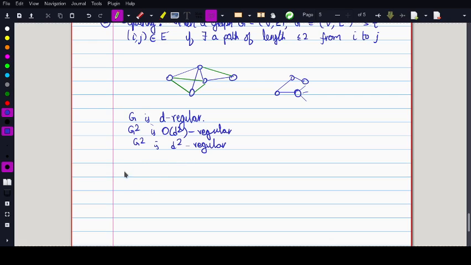But one very good thing to note is lambda 2 of G square. What can we say about lambda 2 of G square? In fact, you can show that it is equal to the square of lambda 2 of G. Since lambda 2 was less than 1, this thing is very small compared to the original one.